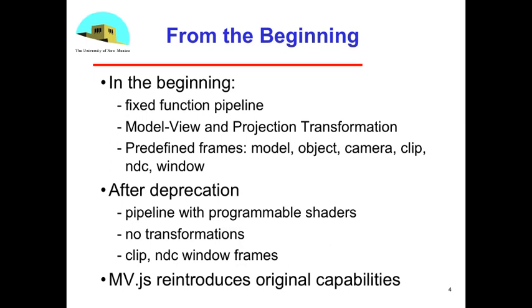And that defined a number of transformations. The ones that were closest to the application were the transformations that went from the model to the object to the camera, just for the positioning, and they were all put into a single transformation called the model view transformation. So in the fixed function pipeline you had functions that would set the model view matrix to certain values, or manipulate the model view matrix.